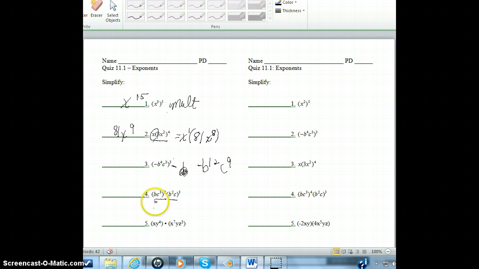So this would mean that this is b squared c to the 6th power, and that's times, this is cubed now, b to the 6th power times c cubed.